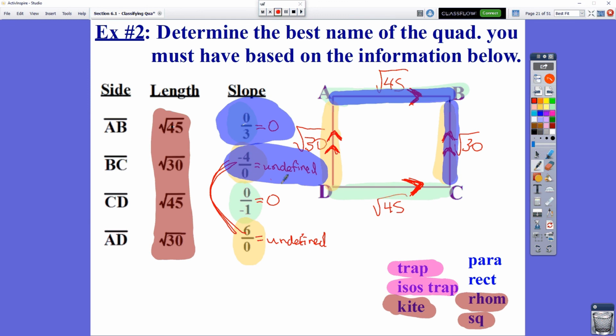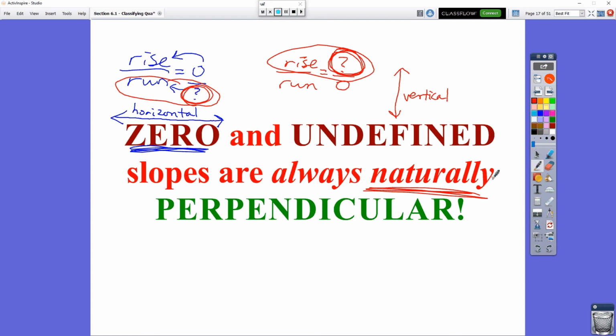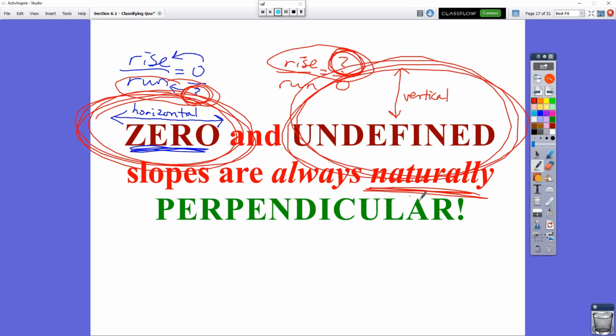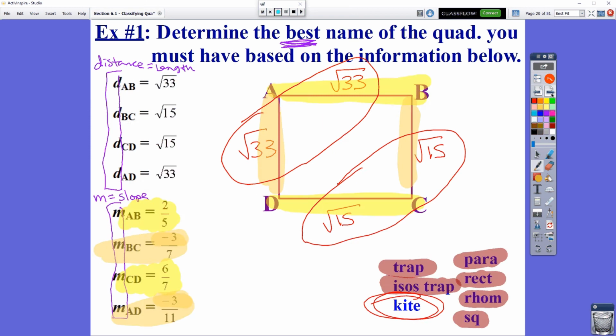Now, when we look at these two slopes, 0 and undefined, I don't know, are 0 and undefined slopes perpendicular to each other? Man, I don't remember. Let me go back. Oh yeah, 0 and undefined slopes are always naturally perpendicular to each other. Because remember, we really end up having a horizontal line meeting up with a vertical line. And so those are going to be natural 90-degree angle makers.